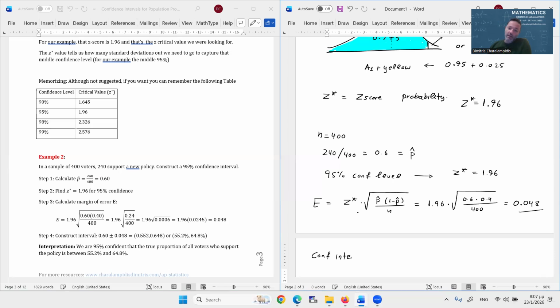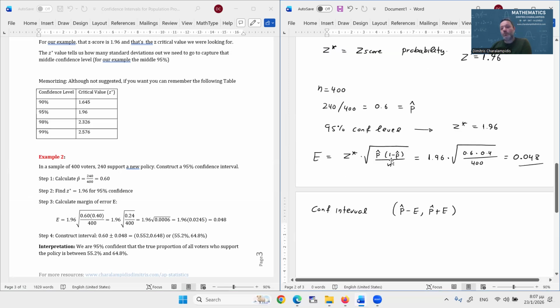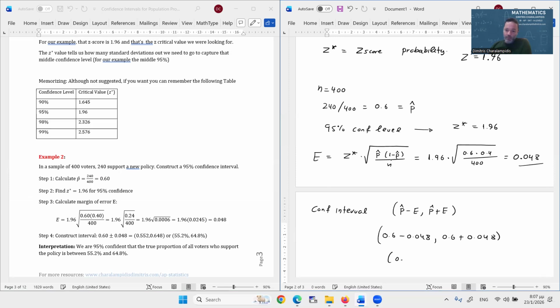which means that the confidence interval is P hat minus C up to P hat plus C. So in this case, that would translate to 0.6 minus 0.048 up to 0.6 plus 0.048, which is from 0.552 up to 0.648.